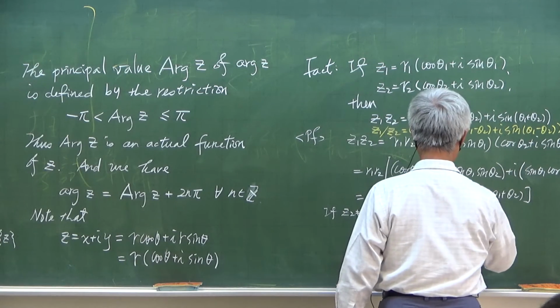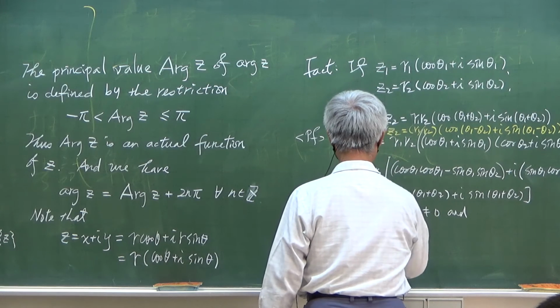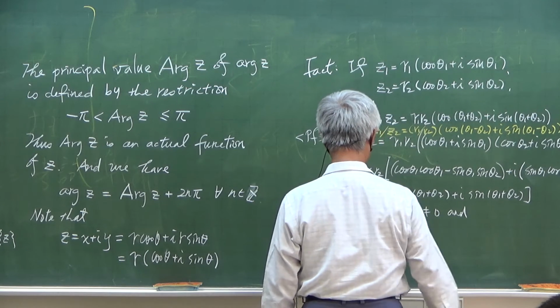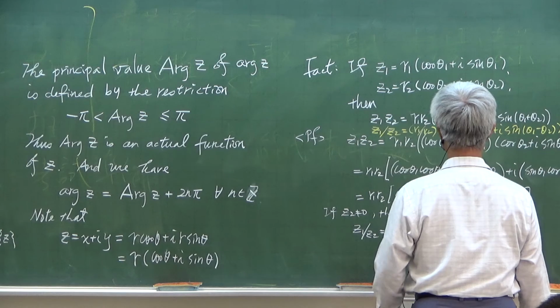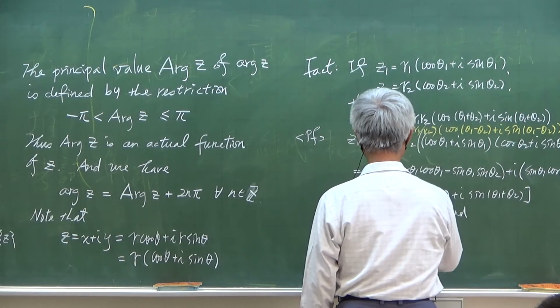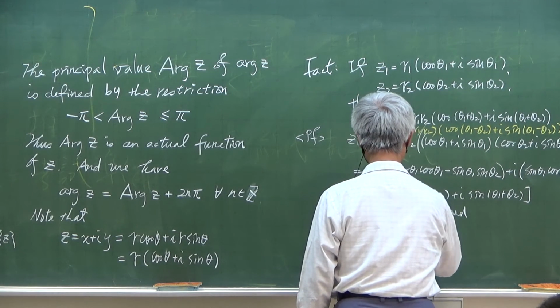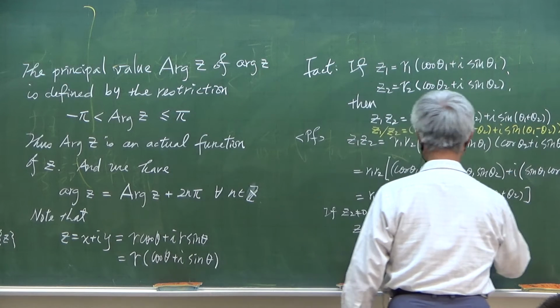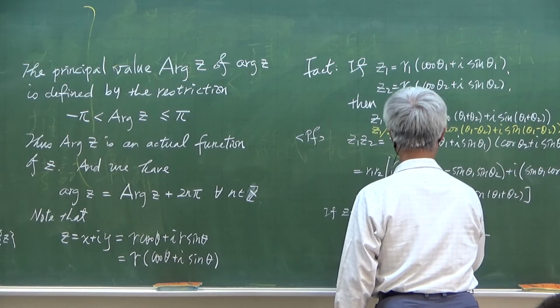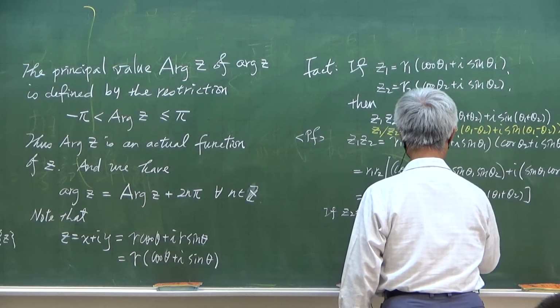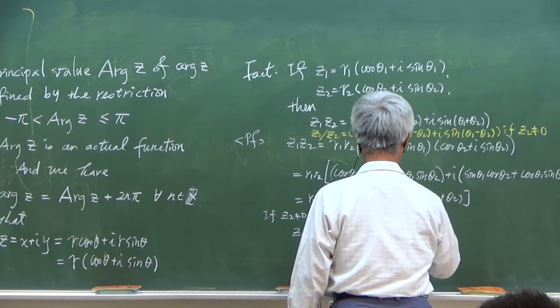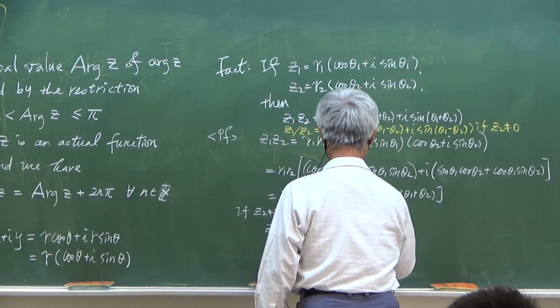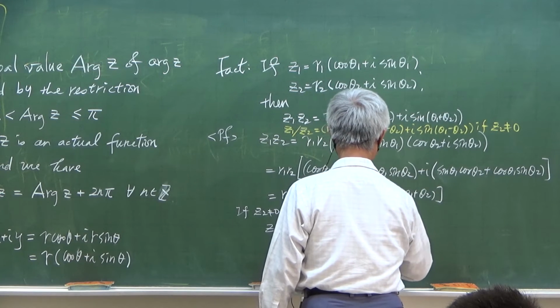And then Z1 divided by Z2 is R1 divided by R2 times cosine theta 1 plus I sine theta 1 over cosine theta 2 plus I sine theta 2.